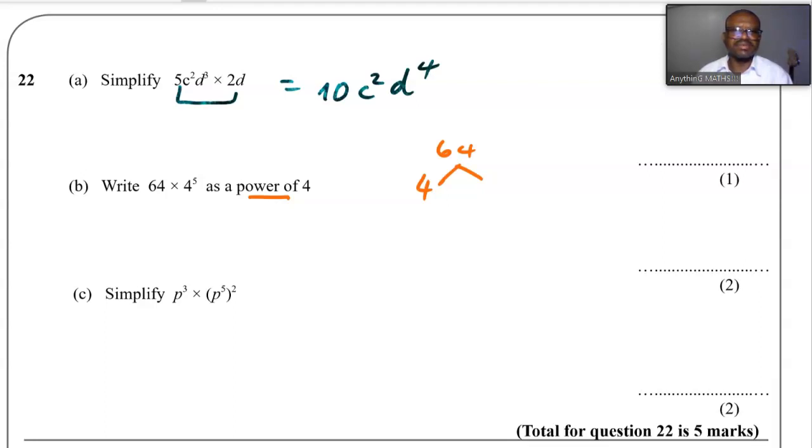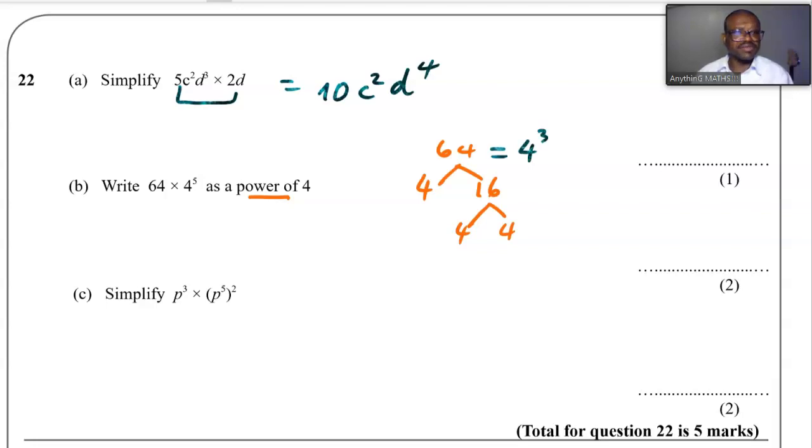Do you know? 16 times. And then 4 goes into 16 4 times. So what it means is we can write 64 as 4 raised to the power 3.